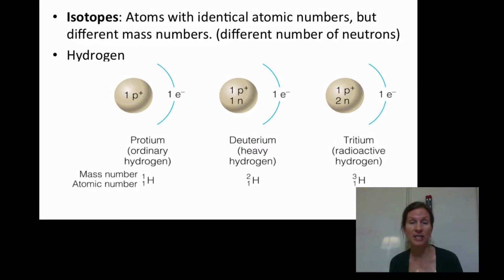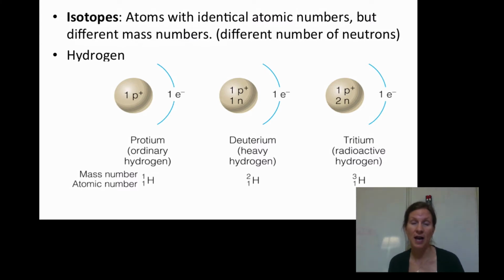The example on the screen is hydrogen. Hydrogen actually comes in 3 potential forms. One form, hydrogen, just has a proton in its nucleus and an electron on the outside, and that's it, so it has a mass number of 1. Then there's heavy hydrogen, which we call deuterium, which still has 1 proton in its nucleus, that's its identity, but also a neutron, so it has a mass number of 2.